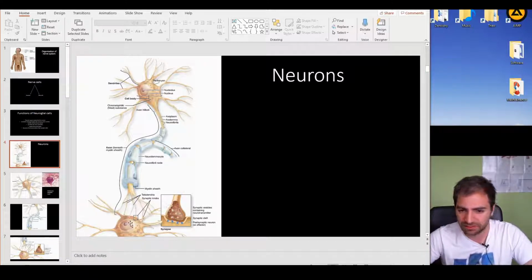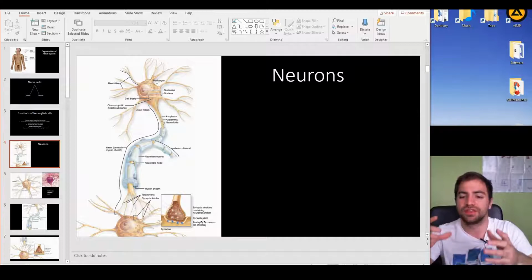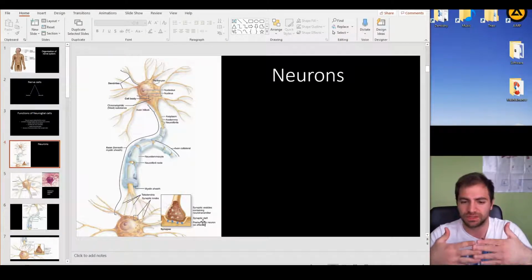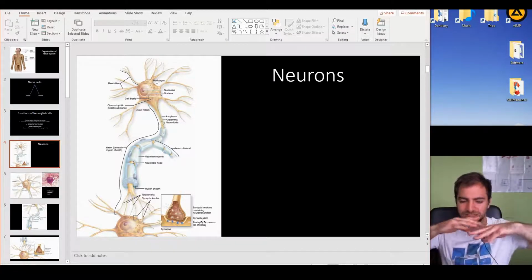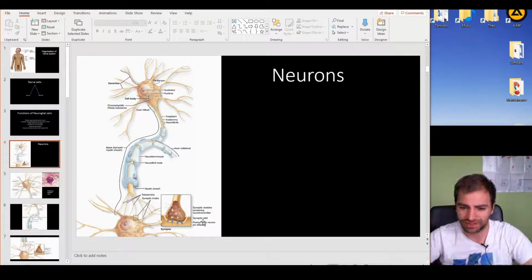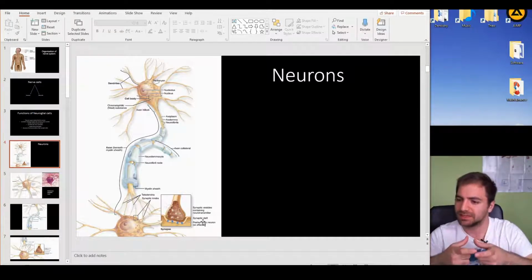These are also called boutons, also called buttons in French, and the reason is that this configuration of the ending allows for a big surface area to be attached from one cell to the other and allows a higher and faster propagation of the electrical signal.